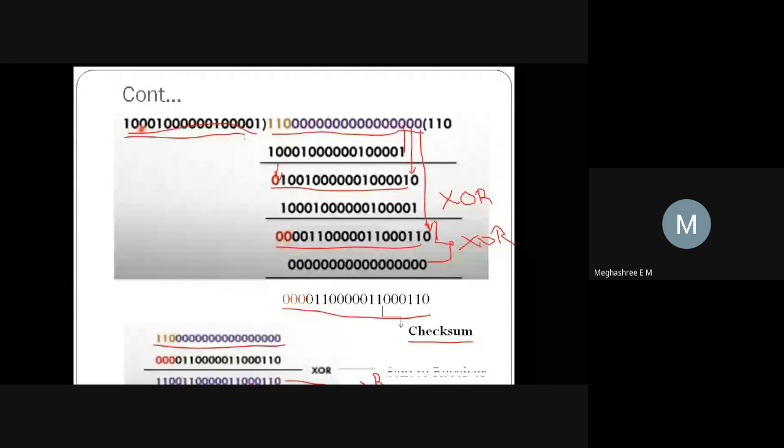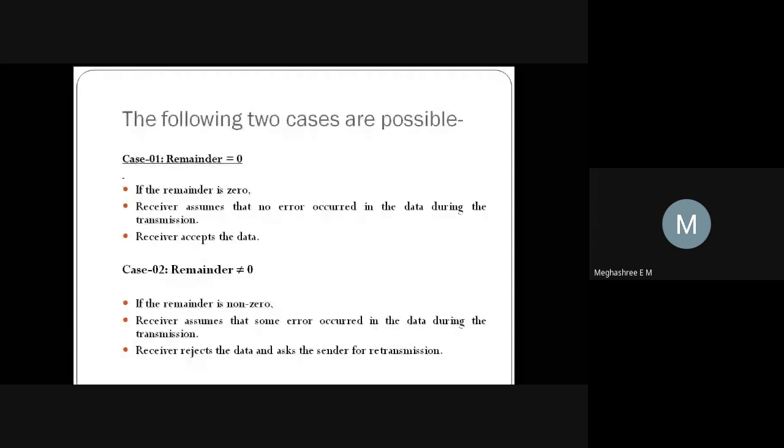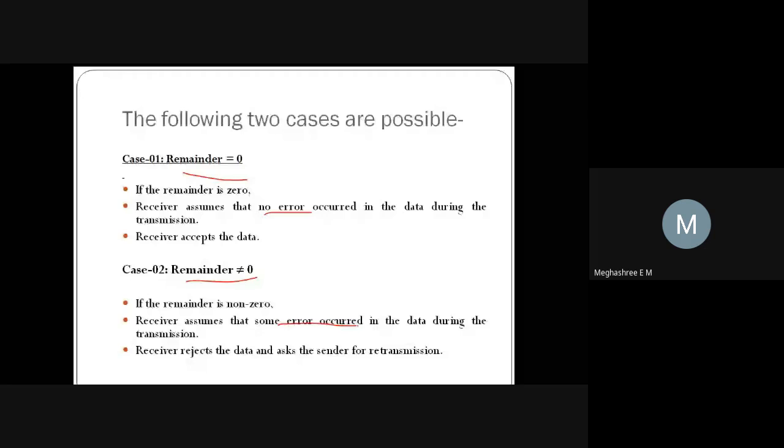Once it is divided at the receiver end, whatever remainder is obtained should be checked. If the remainder is 0, then you can say there are no errors, and the data will be accepted. If the remainder is not equal to 0, then obviously there are errors and retransmission of data is required.